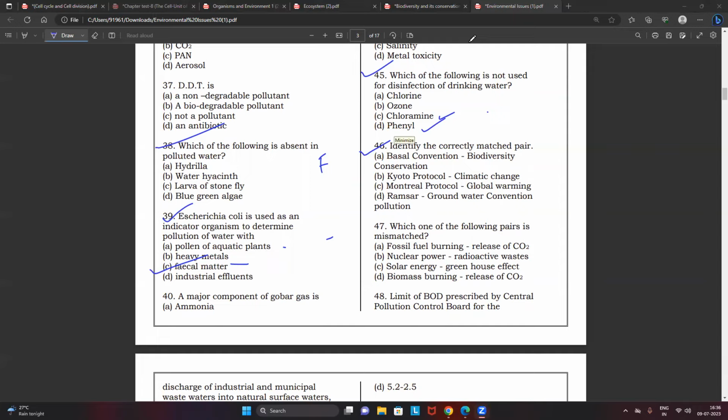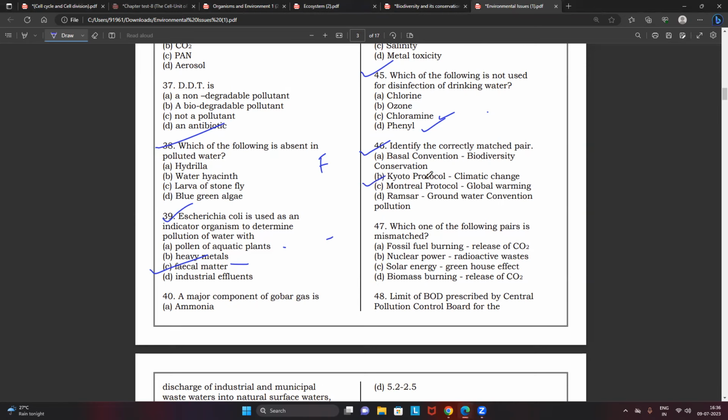I want every one of you to think once again. Identify the correctly matched pair. Answer should be what, friends? Answer should be B, right?